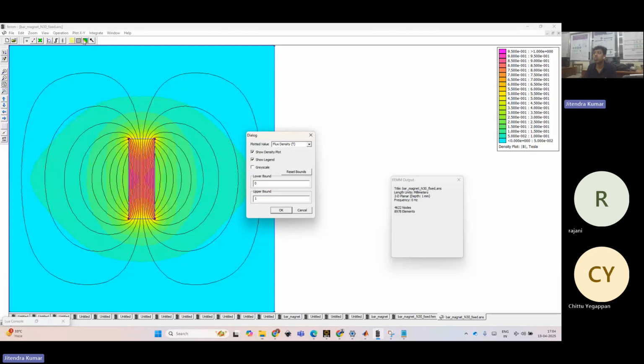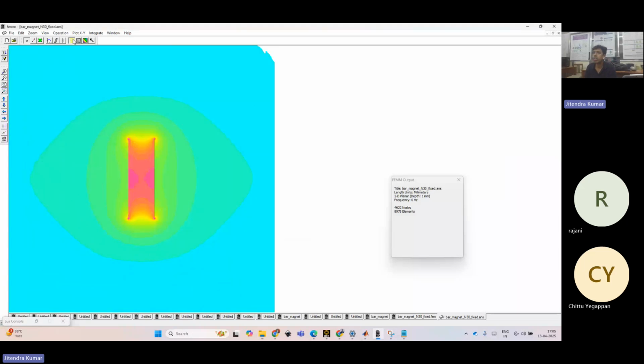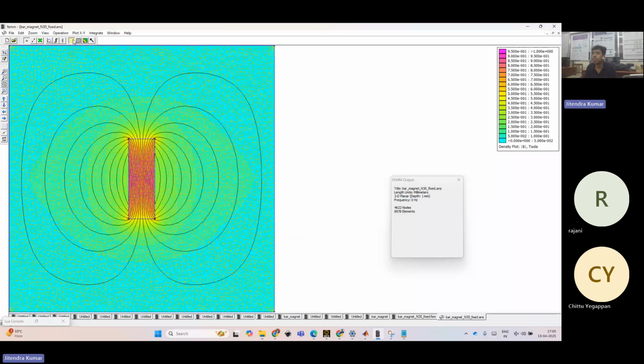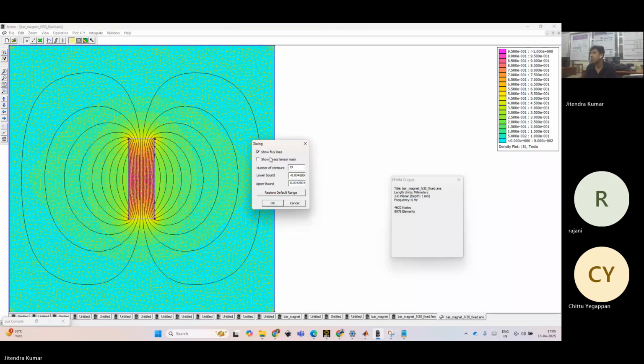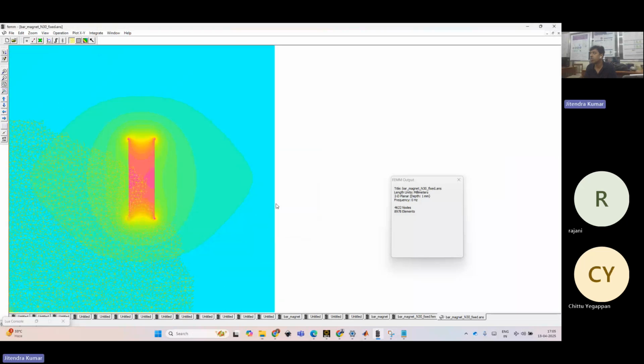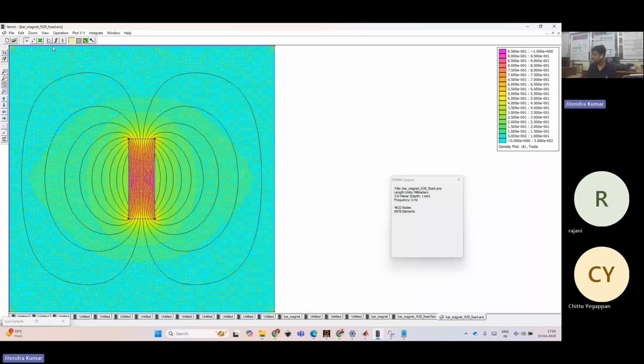You could also see different plot if you want field intensity or something, but since no current is assigned, we couldn't do anything. Meshes you can see, these are the meshes. These colors also you could change. And stress tensor mask, if you want to, you could play with different options.